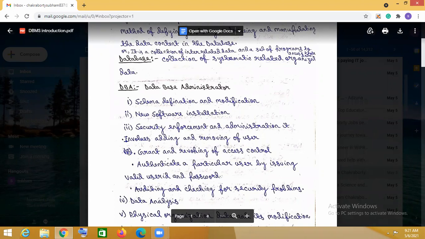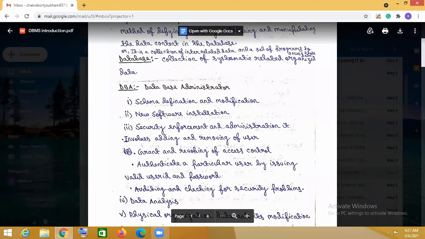This organization's data and its modification can only be done by the database administrator. We as users couldn't do this. The database administrator can add, remove or modify the data, but we as users couldn't do that.